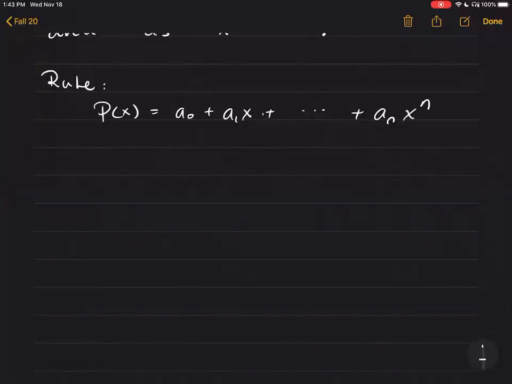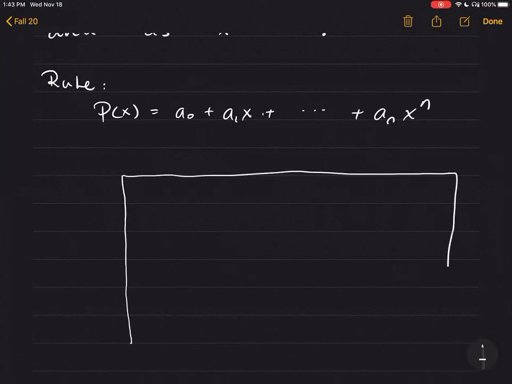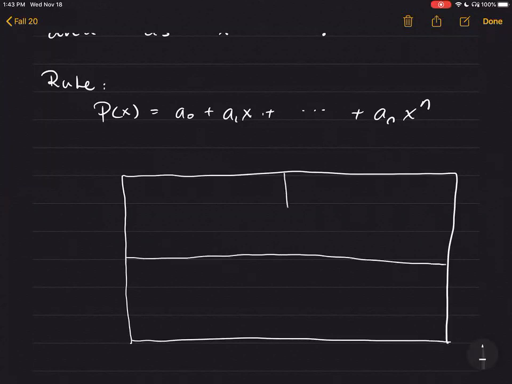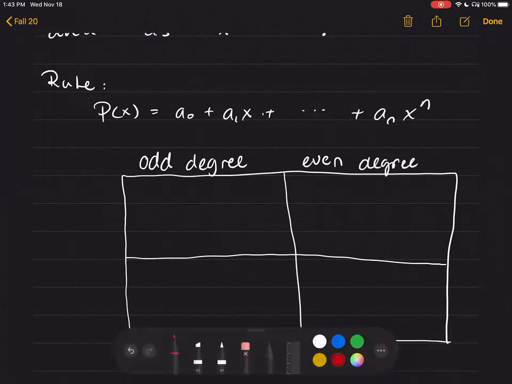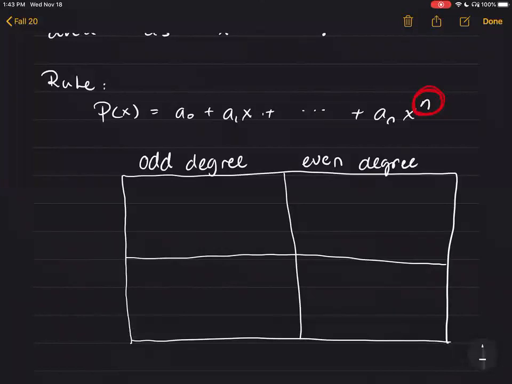I'm going to make a chart. It's going to depend on whether we have odd degree or even degree. And degree, remember, is this n right here. So this is going to be whether n is odd or n is even.